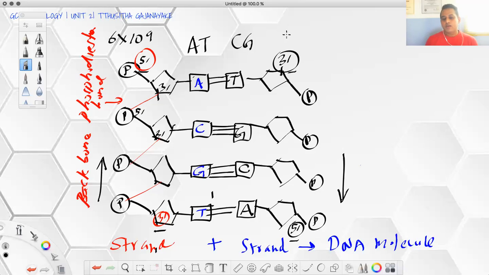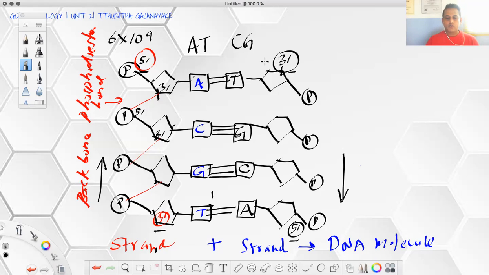But we should always remember it is not only these two scientists' contribution that gave this information, but many scientists who did a lot of experiments before, their contribution counted. But finally everybody cannot share it, but they were a little bit quicker to publish the exact nature of the DNA molecule, and they gave some information. So base pairing, we generally call the Watson and Crick base pairing rule.